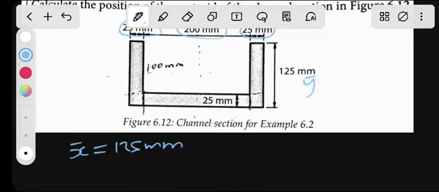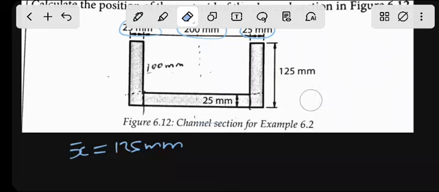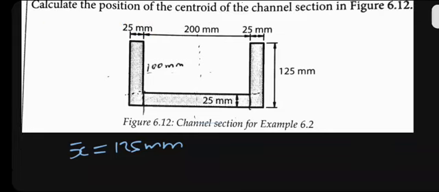If we're taking y bar, we have to consider the whole of this object. You can call this rectangle 1, this rectangle 2, and this rectangle 3. You can cut this like this to form the rectangle there.